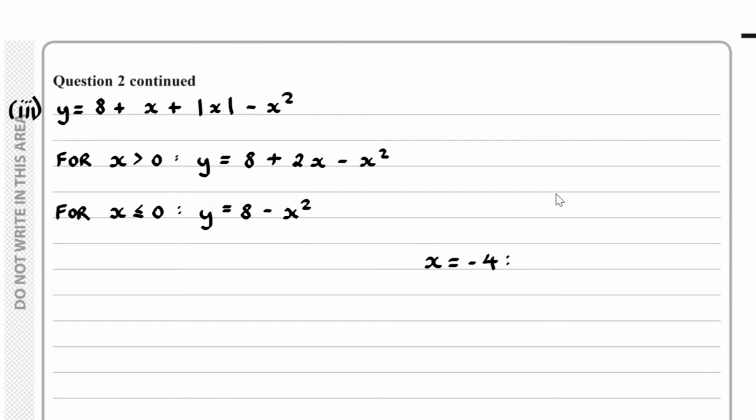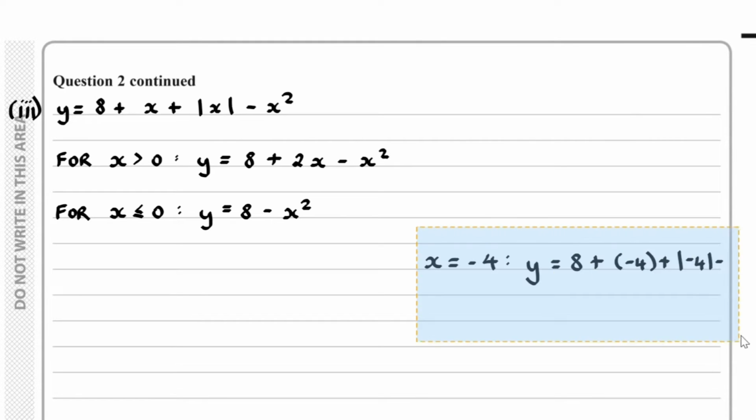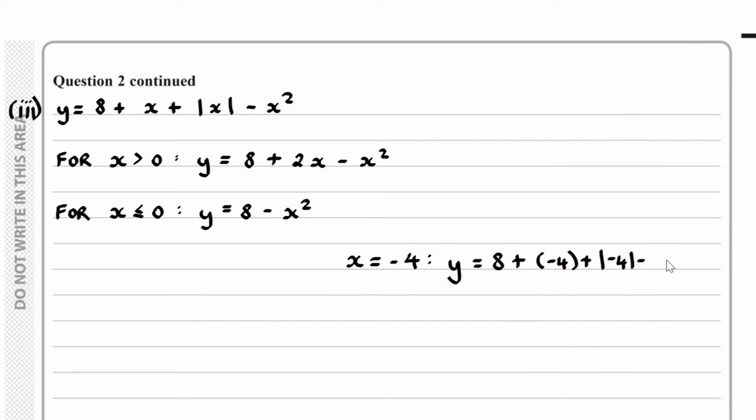Then I have y equals 8 plus minus 4 plus the absolute value of minus 4 minus 4 squared. This bit over here is just 0.